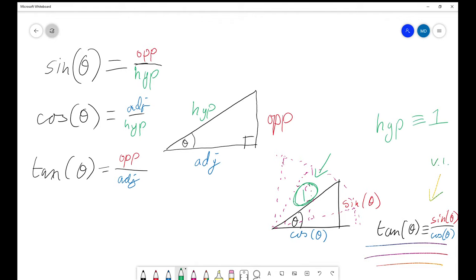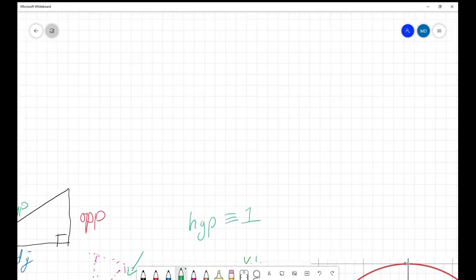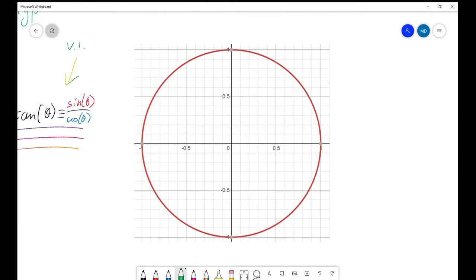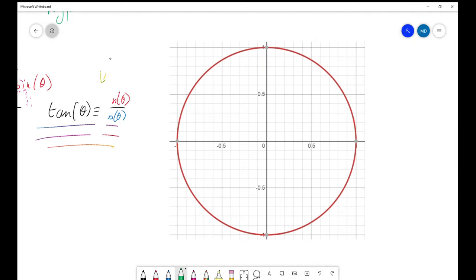That shouldn't be too surprising, because what we're saying is, what if we think about all the points which are exactly a distance of 1 away from a particular center point? And so what we can do is use a circle, and we can use it on a graph like this.